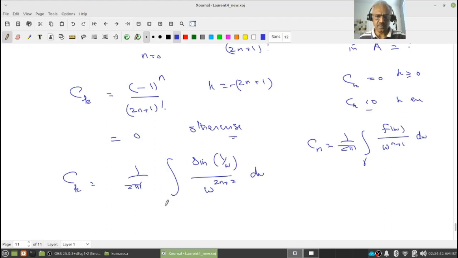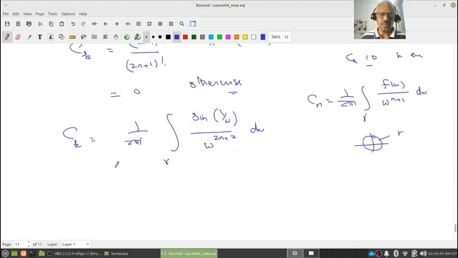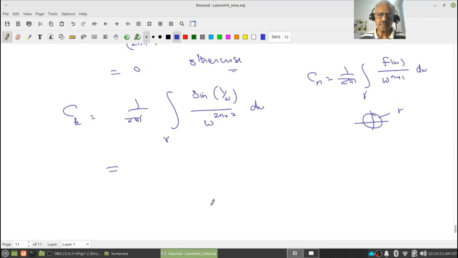Take gamma to be any circle around 0. Therefore this object is nothing other than minus 1 to the power n by 2n plus 1 factorial, where k equal to minus 2n plus 1.